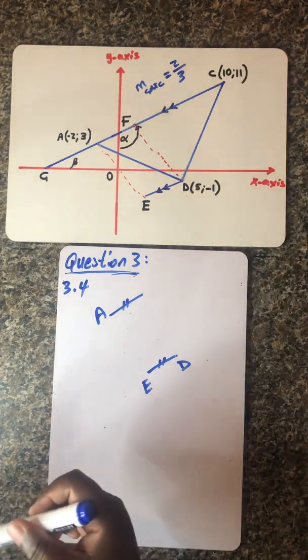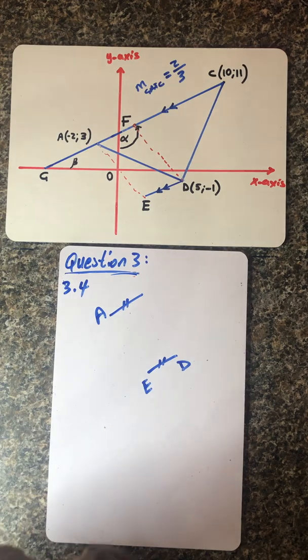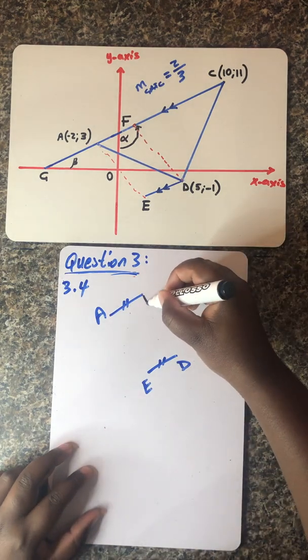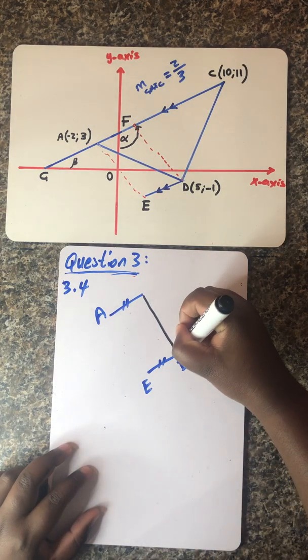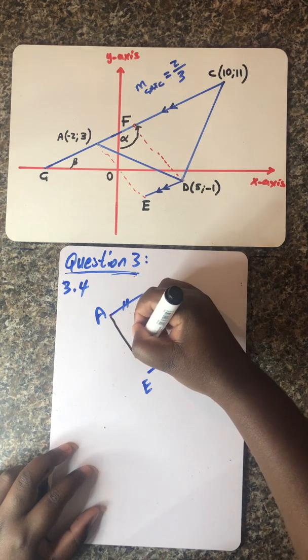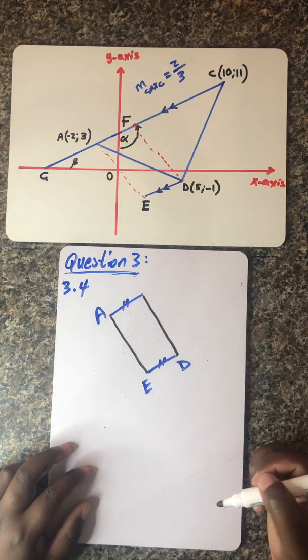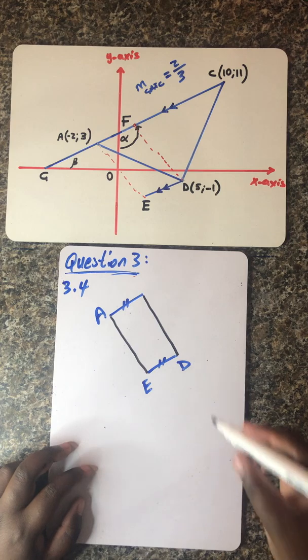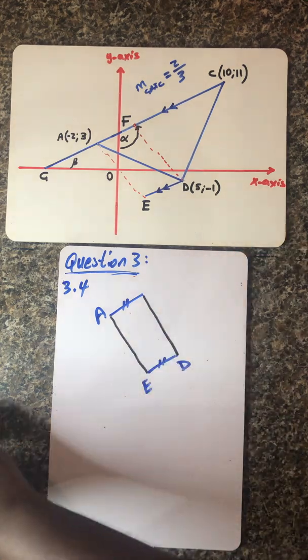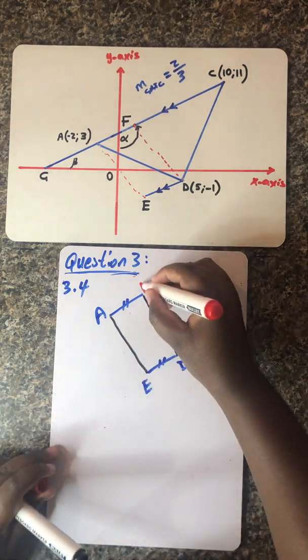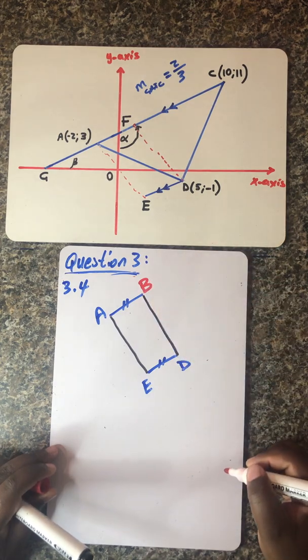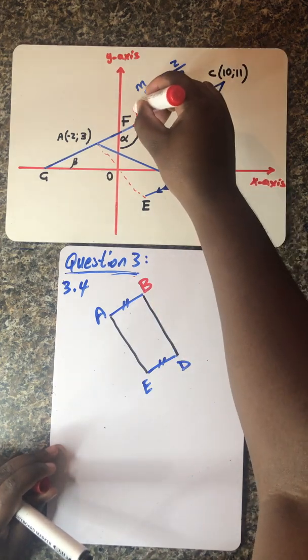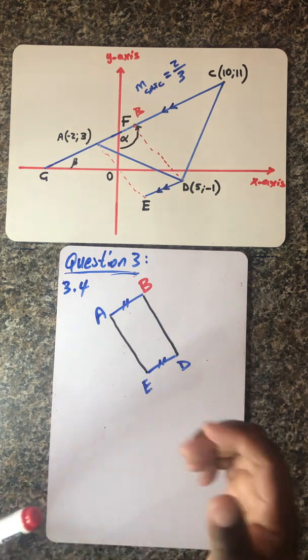So ladies and gentlemen, it means these joining lines are also equal. Why? Because this is a rectangle. So that point there is point B. So this is that point B somewhere there.